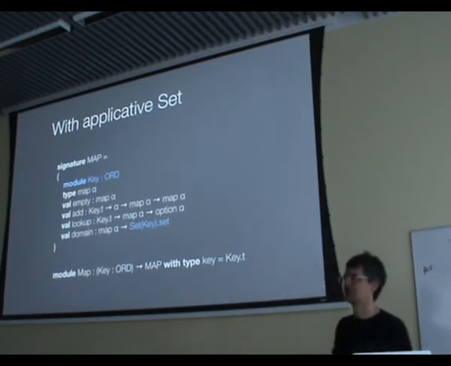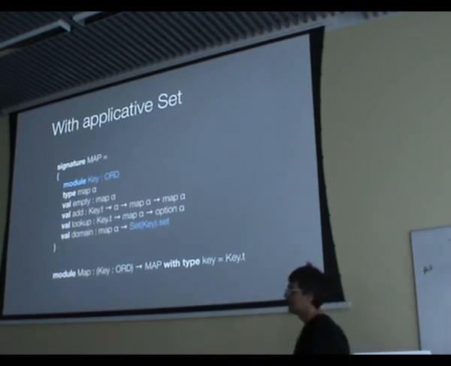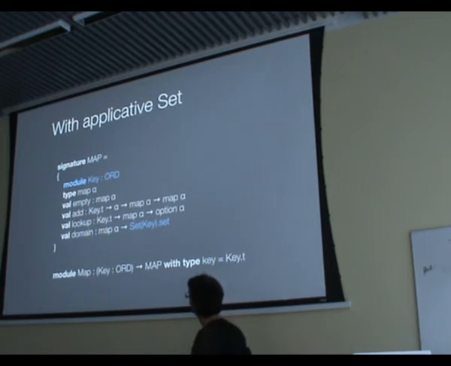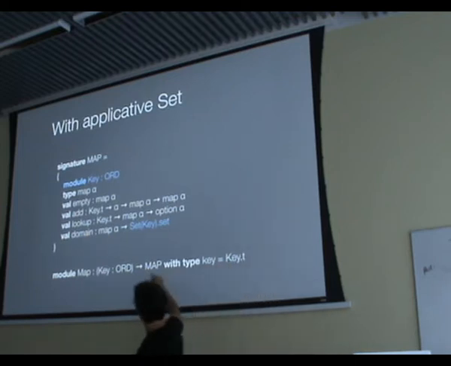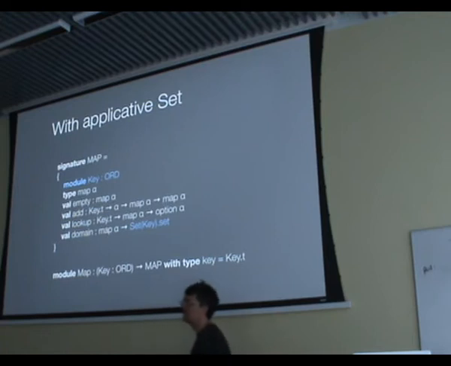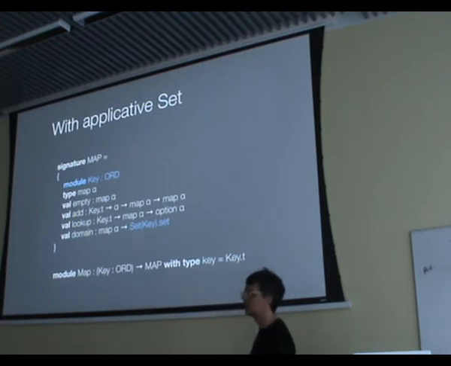Right. I guess in the implementation of this functor, in the implementation of the map functor. Yeah. That module Key that you get, that would just be the argument you get. So you just say in the body module Key equals Key. Yeah. But that's a new module, isn't it? From the point of view of applicative functors, if I have module A and I have module B equals A, and I apply something to A and apply something to B, you do not get a problem.